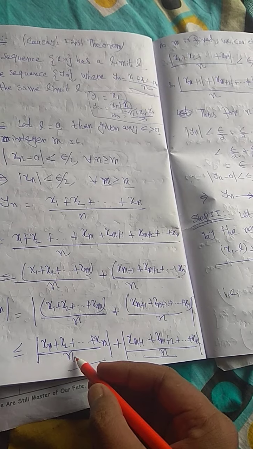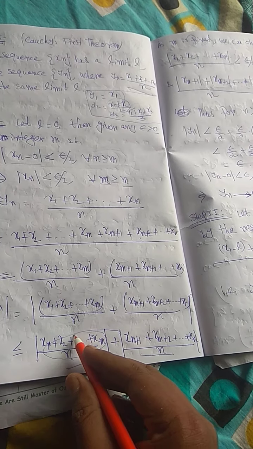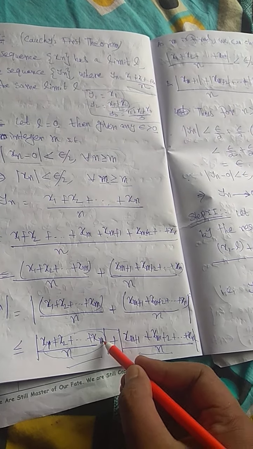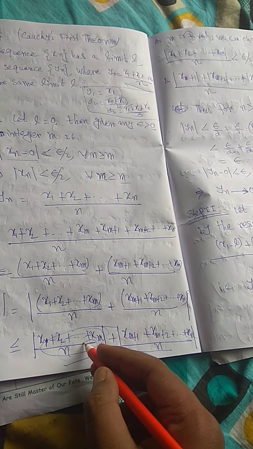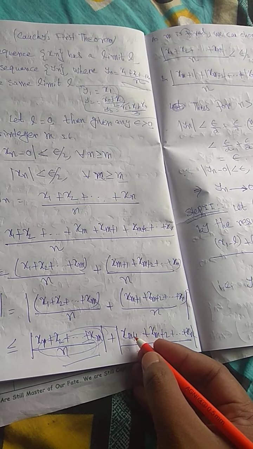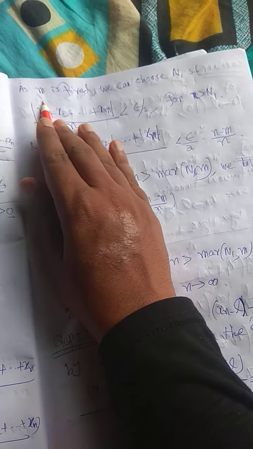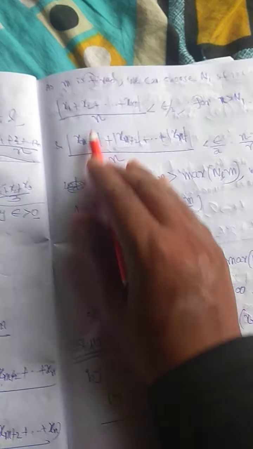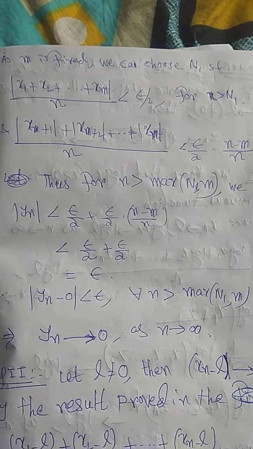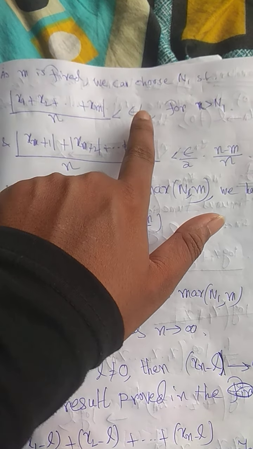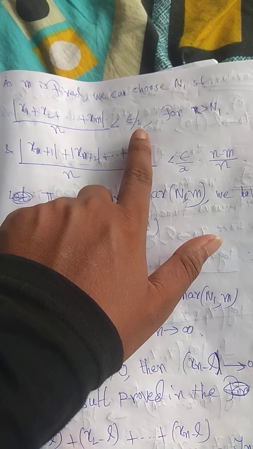Since m is fixed, this whole quantity is less than epsilon, because till m we can use this inequality. And since m is fixed, we can choose n1 such that this whole part is less than epsilon by 2.